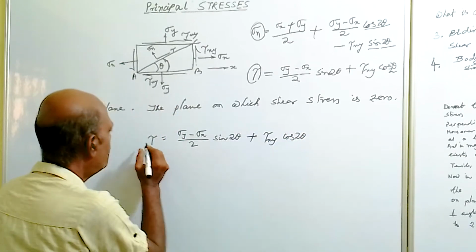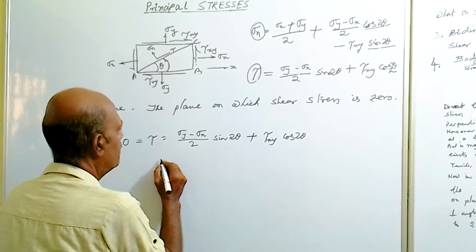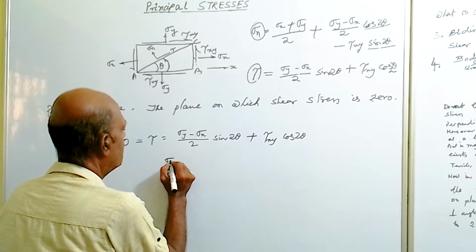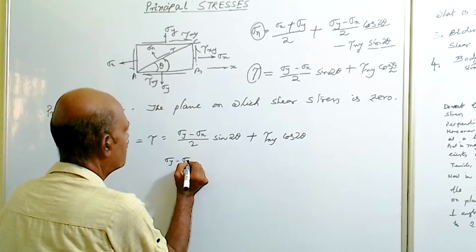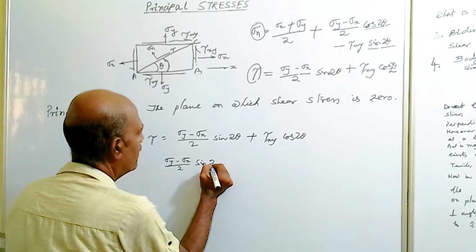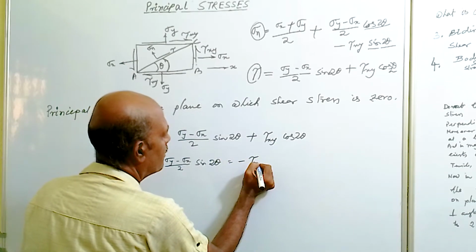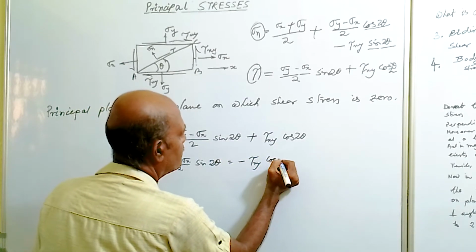If we equate this to 0, then we get (sigma y minus sigma x) by 2 sin 2 theta equals minus tau xy cos 2 theta.